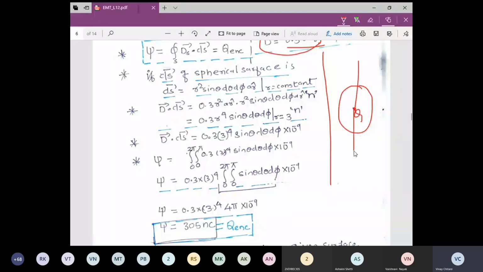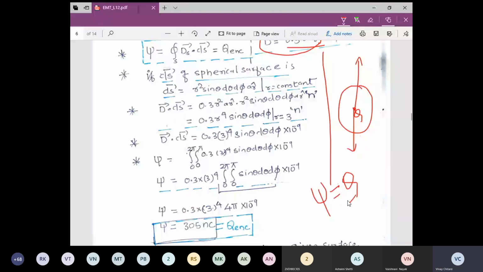The question asked was how much electric flux leaves a portion of the sphere. If I ask what the flux leaving the complete surface area is, it would be Q. The flux leaving a complete sphere area will be equal to Q.